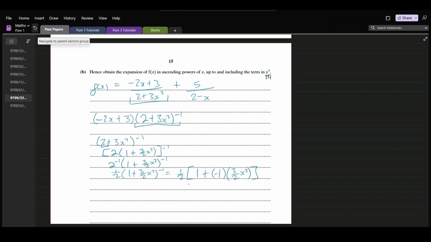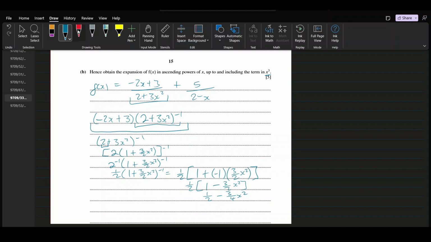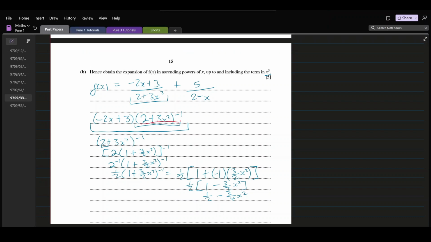So this will simplify to give half times 1 minus 3 over 2x squared, and that's half minus 3 over 4x squared. So we can now come back to this part, and we're going to replace this with what we have expanded using the binomial expansion formula.